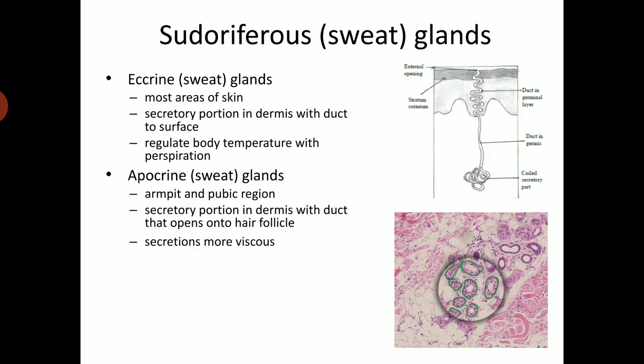Now sometimes pseudo-stratified cells can also be seen. In these larger sweat glands, myoepithelial cells are seen between the epithelial cells and basal lamina, which are contractile in nature.